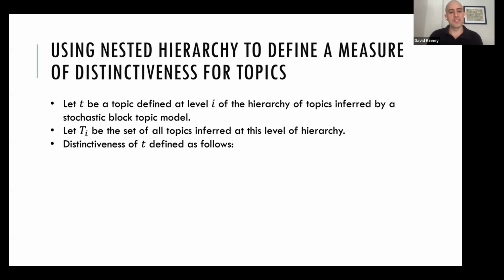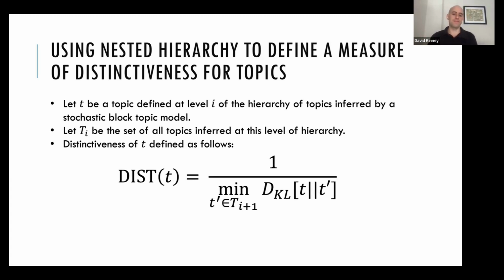With these formal definitions in place, we can define the distinctiveness of a topic as follows. The distinctiveness of topic T is just going to be 1 over, and this is just to invert the relationship, the minimum Kullback-Leibler divergence between that topic and any other topics at a higher level of description.